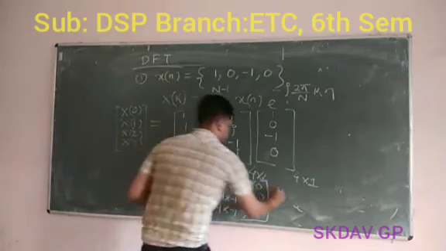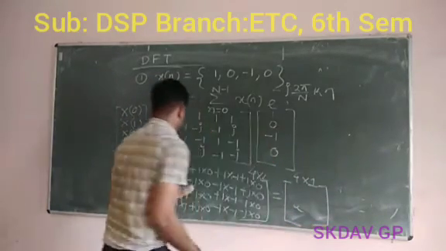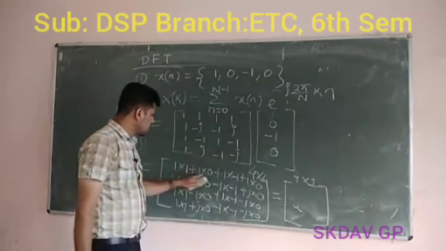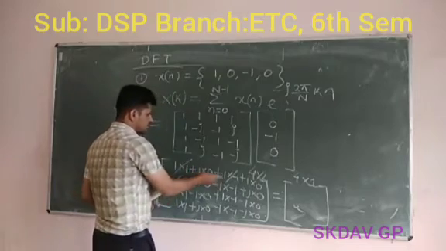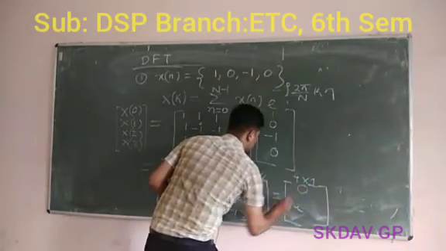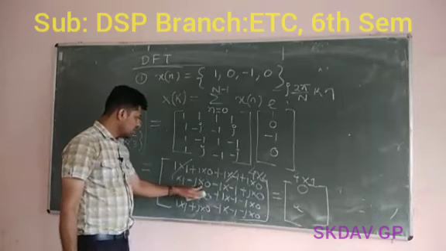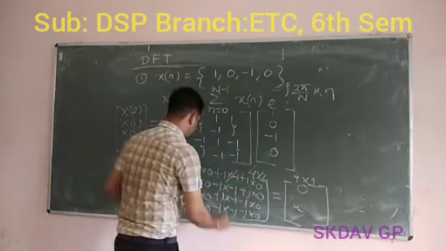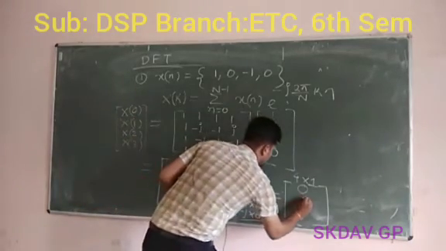In the first, 1 into 1 and 1 into minus 1 cancel out, hence the first sample of the DFT is 0. The second is 1 into 1, j into 0, plus j into 0, 0, then minus 1 into minus 1 plus 1, this will be 2.